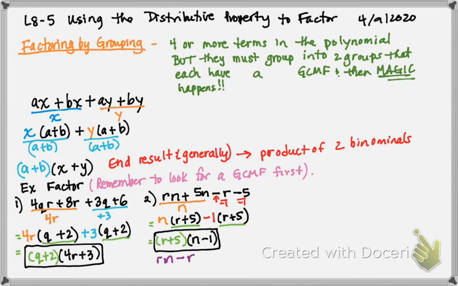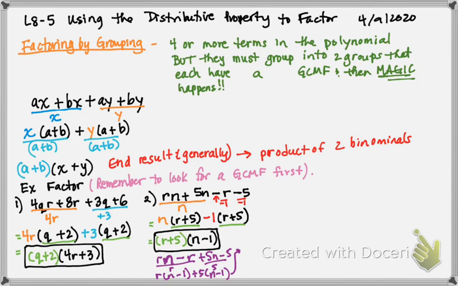Rearrange and put that negative r here, and then you have a positive 5n minus 5. So when I factor by grouping, r here, 5 here, so I'm going to get r times the quantity n minus 1 plus 5 times the quantity n minus 1. So that kind of eliminates the issue we were seeing with having to pull out that negative 1.